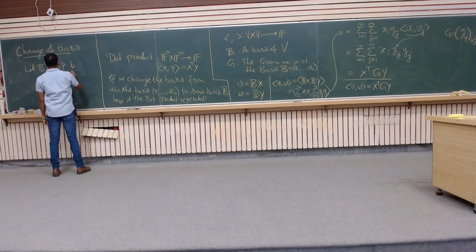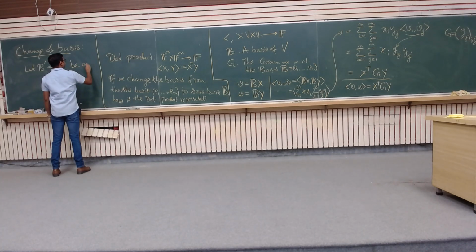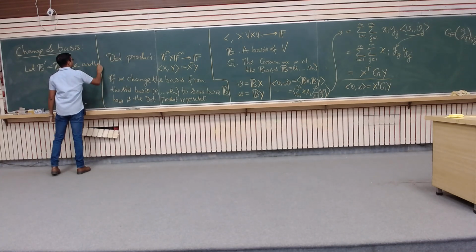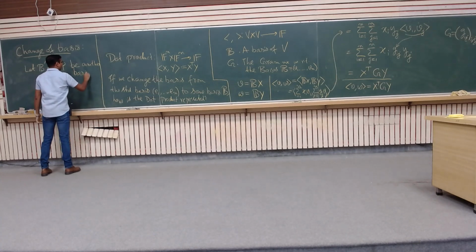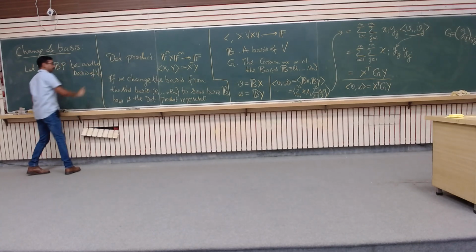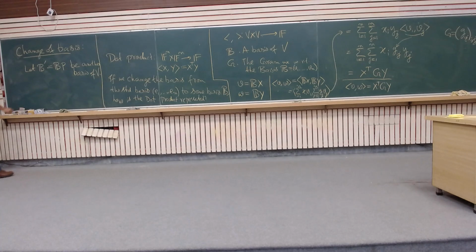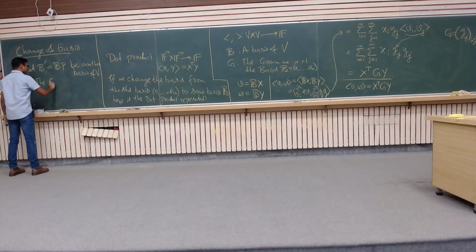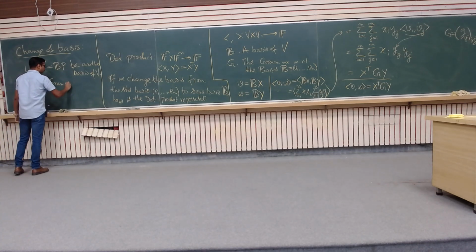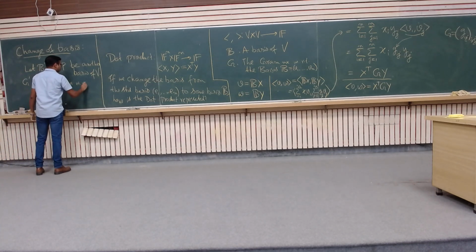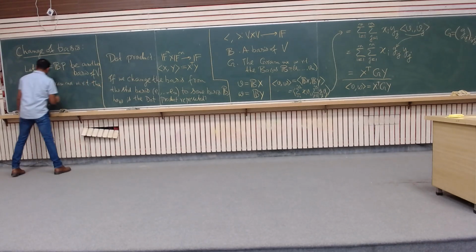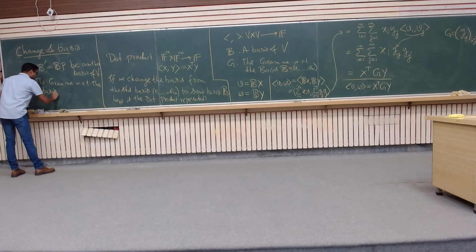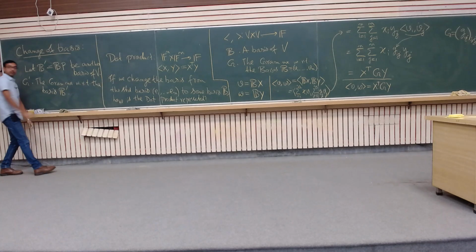Let B dash equal BP, another basis of V. And let G dash be the gram matrix with respect to the basis B dash.